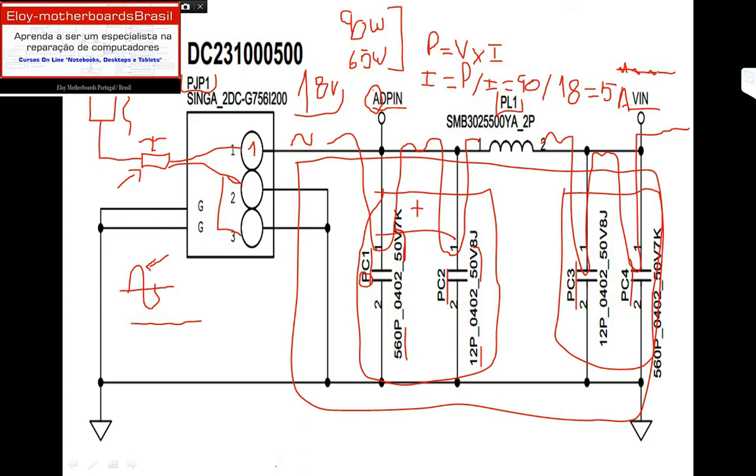Otherwise it is called a smooth ripple, a straight and clean line. When you measure where it says VIN, you need to have a straight and clean 18 volts DC presented on your oscilloscope, right here.